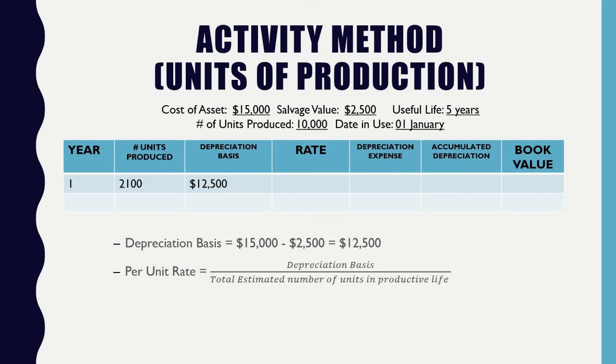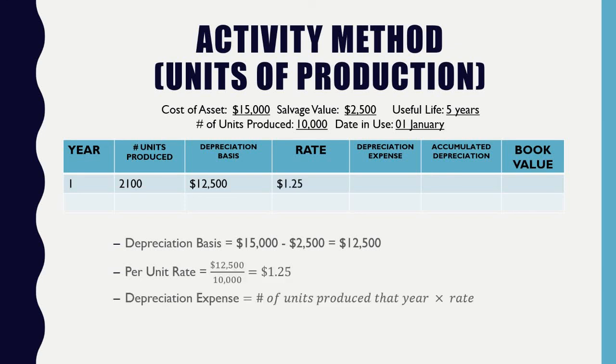Oftentimes, my students automatically look at the total number that they produced that year. Wrong. It's not that. It's the total number that the machine can produce. So in this case, what is 12,500 divided by 10,000? 1.25. Good. Now, you can utilize this as a per unit rate because it's by dollar value. It's going to cost me $1.25 for every item I produce.